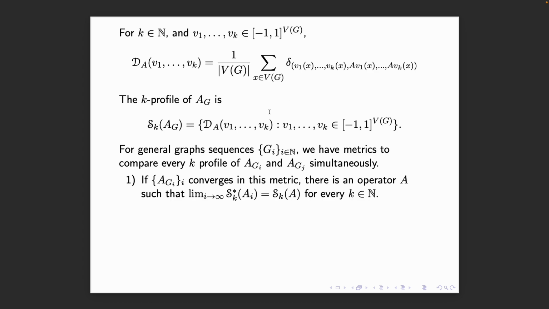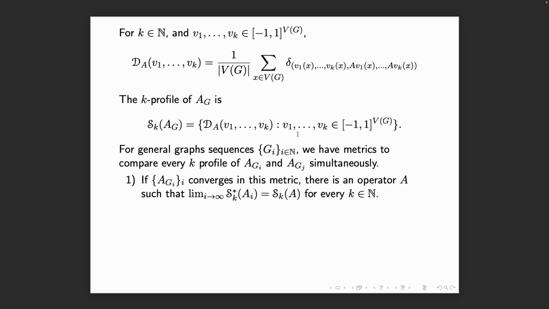And if you are interested in this, you really need to learn about it. Thankfully, to understand Cayley graph convergence, you actually don't really need to compute any distances between graphs, because it's almost as if every graph in the sequence is fully encoded in the next graph. But when that's not the case, you need to be able to compare the k profiles.